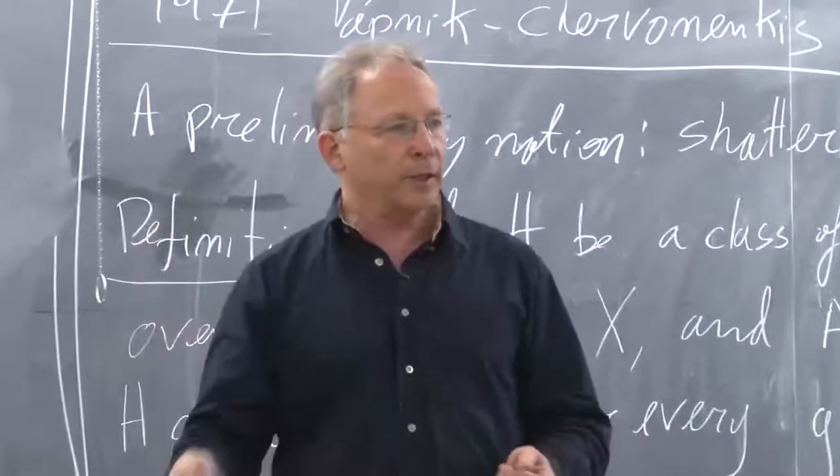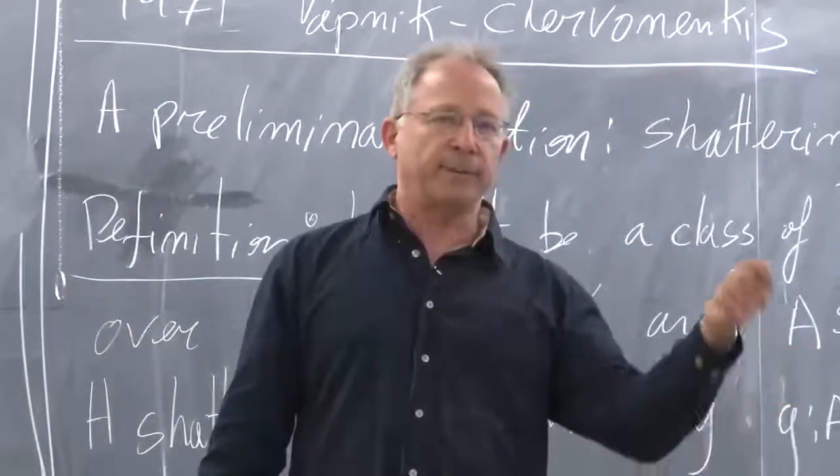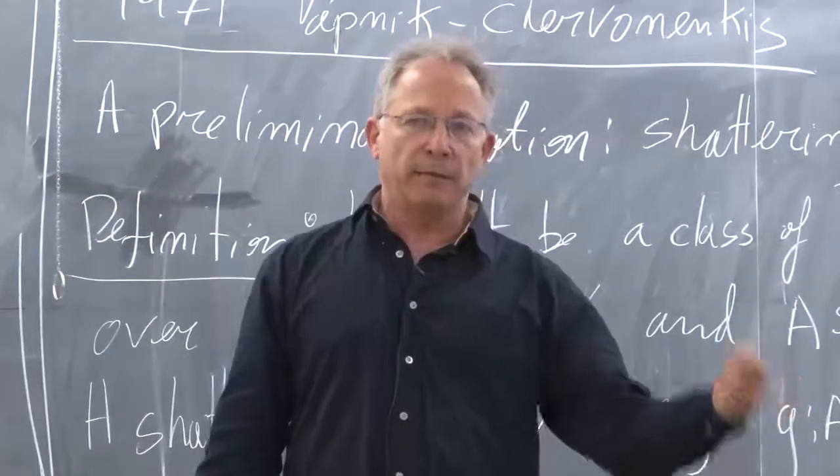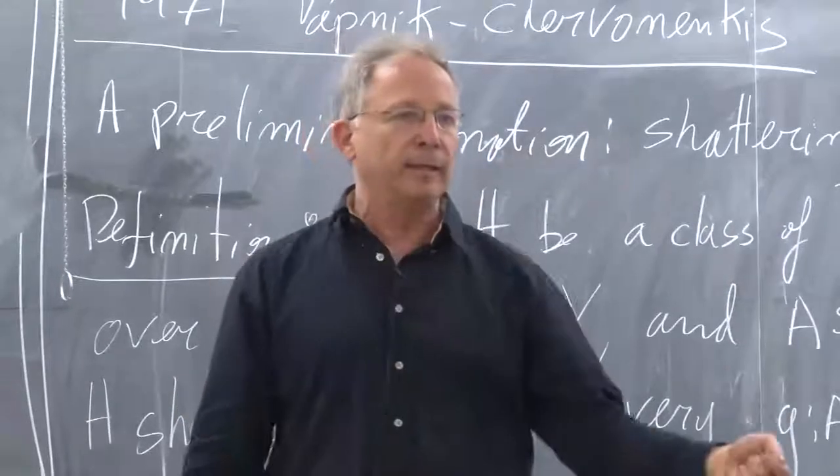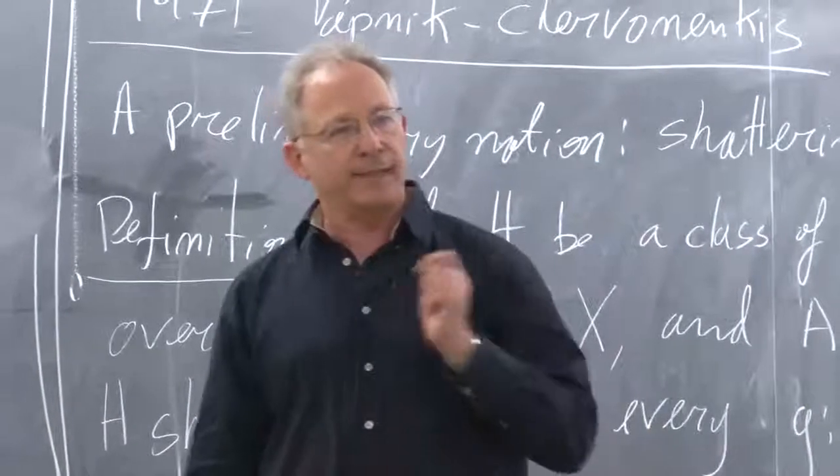For every function, there is a subset, the subset of all points on which it is 1. For every subset, there is a function, the function that gives you 1 in the set and 0 outside.